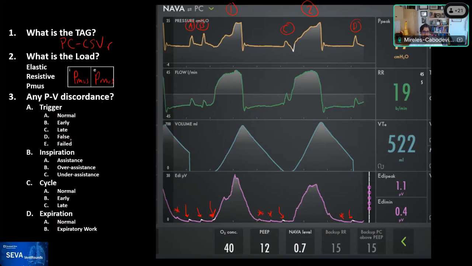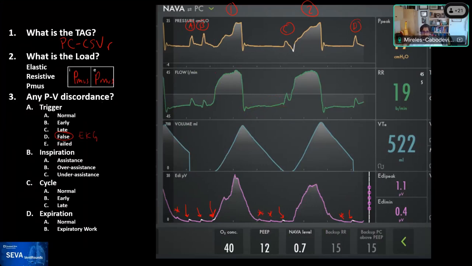But these are false triggers by the EKG contaminating the signal from the NAVA catheter. So that's EKG contamination of the NAVA signal. And I mean, I didn't know what it was.